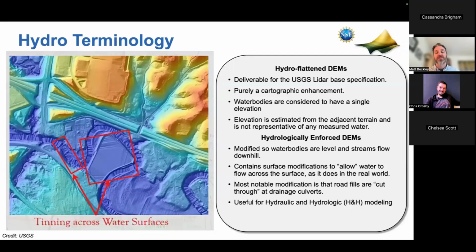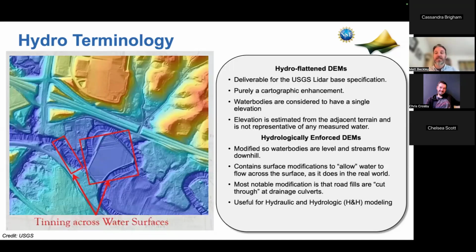So with standard LiDAR collections over water, you might be missing a lot of data. And when you go to tin that data, TINs are trying to create a mesh between all measured values. But if there's no data over the water, those triangles are going to get very long and extend over the water, creating these tinning artifacts that you're seeing here.